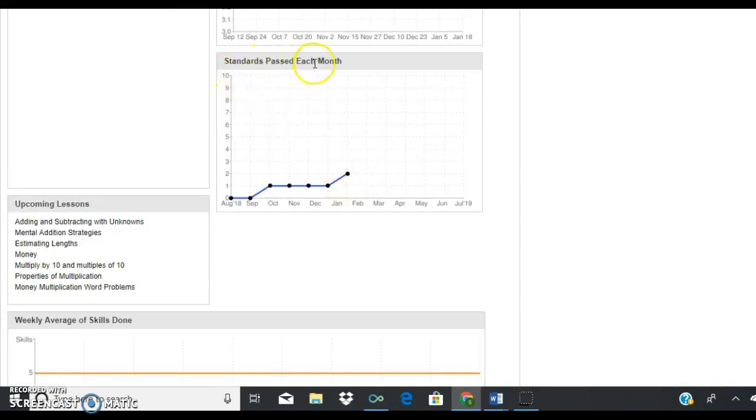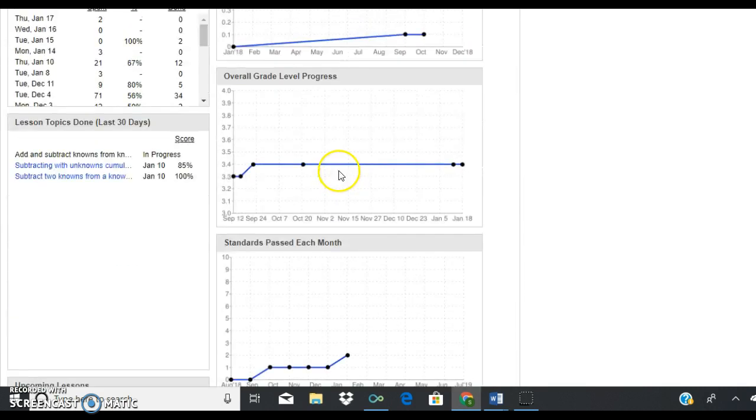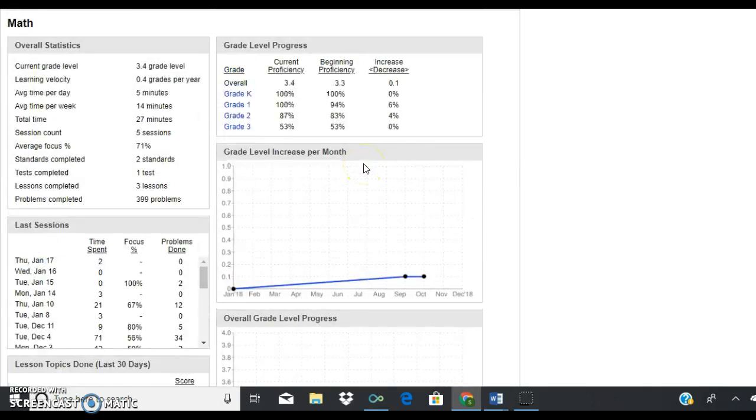So standards passed each month. Here it shows the standard and the overall grade level progress. And this is the grade level increase per month. So he's been going up.